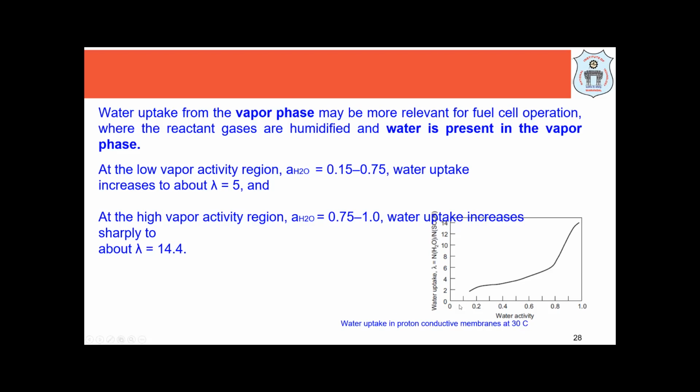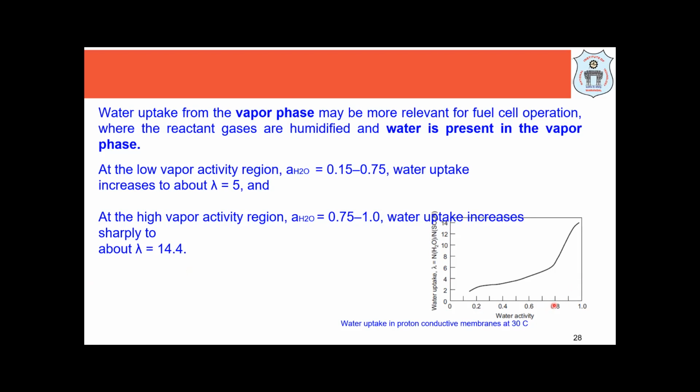So you can see the water activity versus water uptake graph. At the low vapor activity region, around a of water equal to 0.15 to 0.75, water uptake increases to about lambda equal to 5.